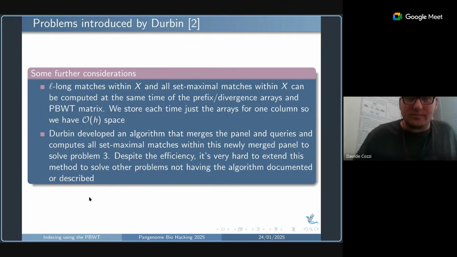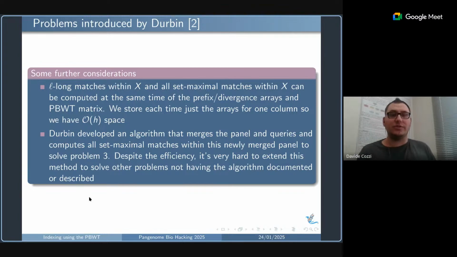Just some other considerations. The first one is already done because it was about storing just the information for 1 column at a time. The second one is really interesting because Richard Durbin also developed an efficient algorithm to perform external queries that just merges the queries inside the reference panel and performs the set maximal exact matches finding within this new panel.